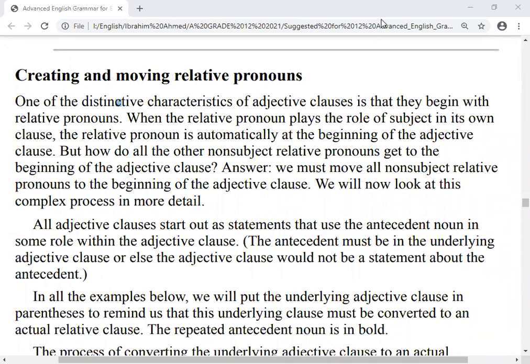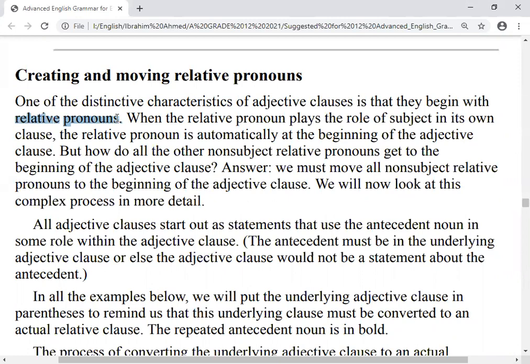Sometimes we need to move the place of the relative pronoun, especially if it is deleted, to know the meaning of the sentence. One of the distinctive characteristics of adjective clauses is that they begin with relative pronouns. We all agree on this.